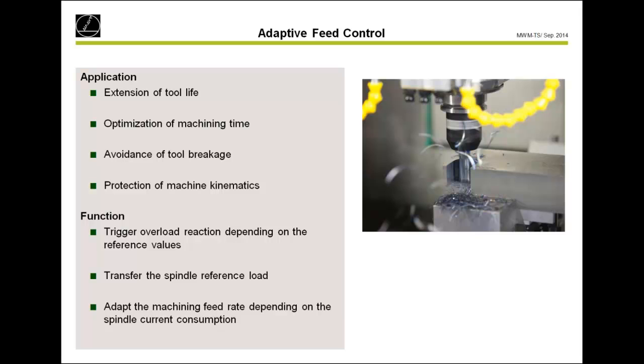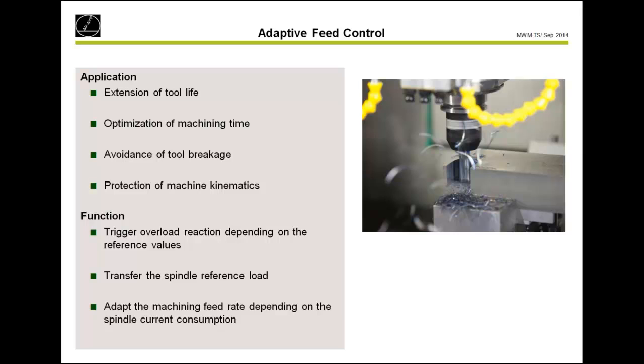We can also optimize the machining time, because we can detect when the tool is not in the machining process, and during this time we can make the feed rate higher, and so we get a better machining time. Also, we can avoid tool breakage by reducing the feed rate to reduce the pressure, and also we can protect the machine kinematics.